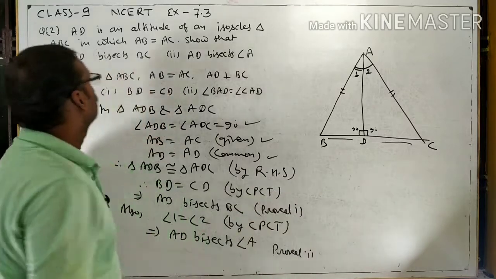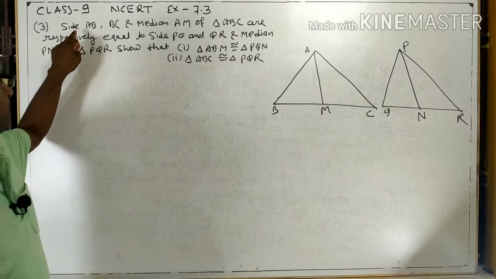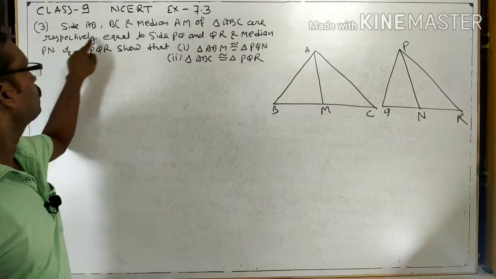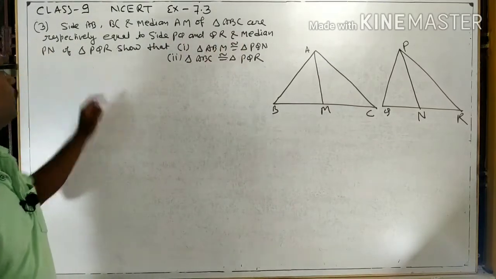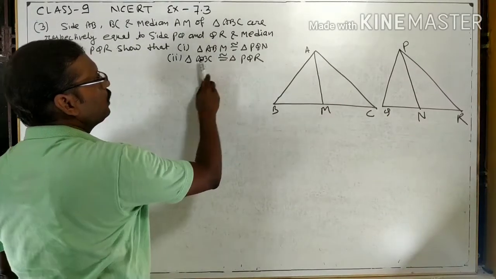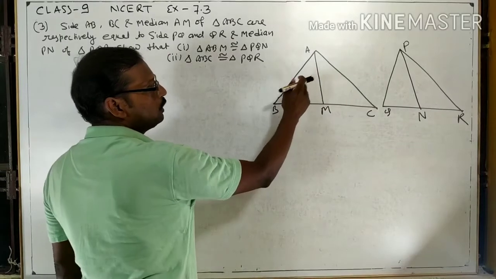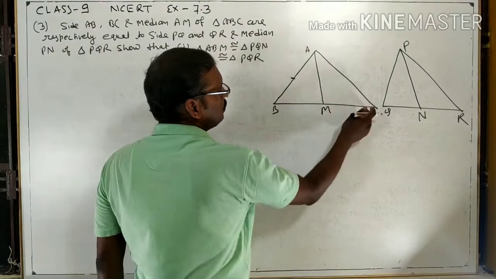Now in question number 3, we have given that sides AB, BC and median AM of triangle ABC are respectively equal to sides PQ, QR and median PN of triangle PQR, so that triangle ABM congruent triangle PQN and triangle ABC congruent triangle PQR.